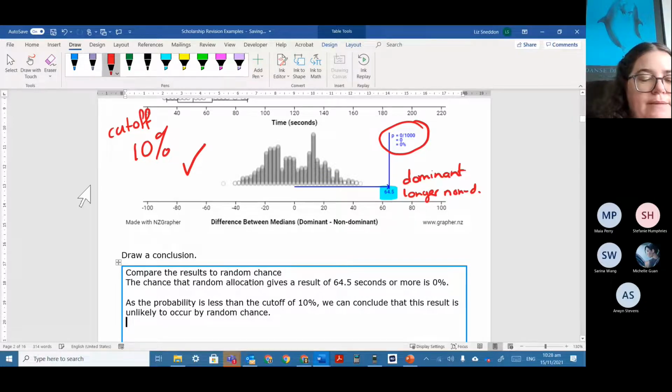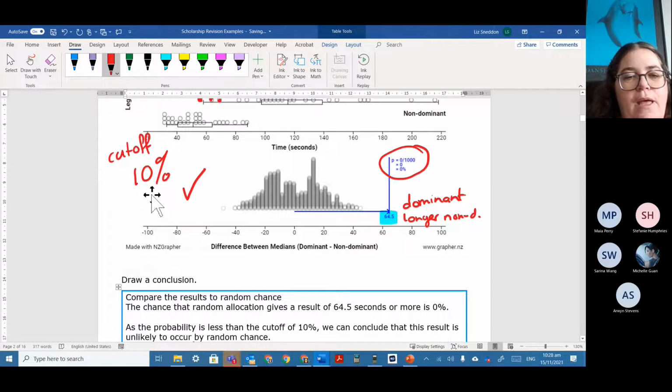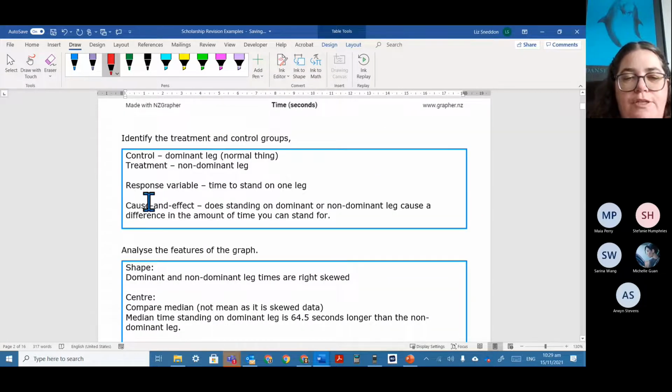And that means, so this means that, how am I going to word this? If I go back to what I talked about at the beginning, we were looking at that cause and effect issue. We were talking about, does standing on our dominant or non-dominant leg cause a difference in the amount of time you can stand for? And what we're saying is that we've got strong evidence that this is possible. We've got strong evidence for the people that we have experimented on.